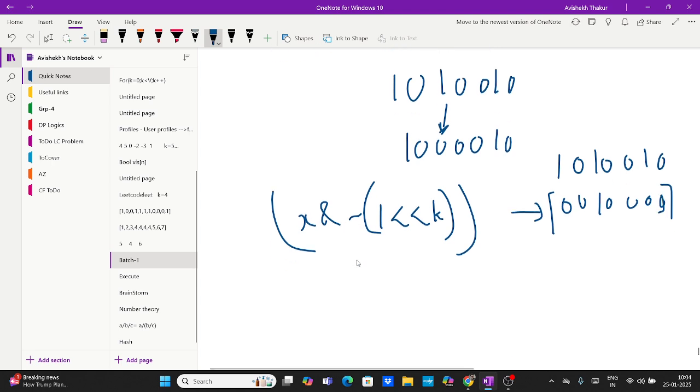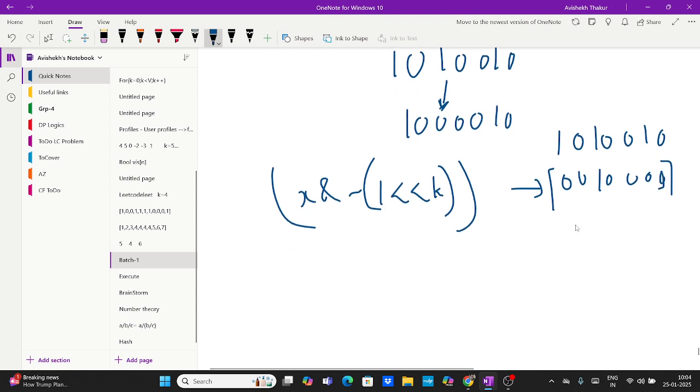What does negation do? Negation flips the bit, right? This is 1, this is 1, this is 0, this is 1, 1. Now you have this number x, and you have this negation of 1 left shift k.